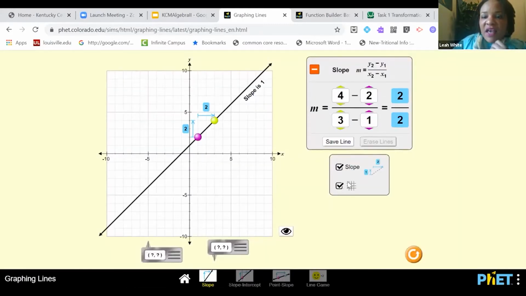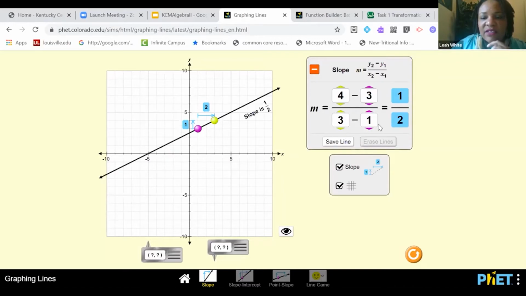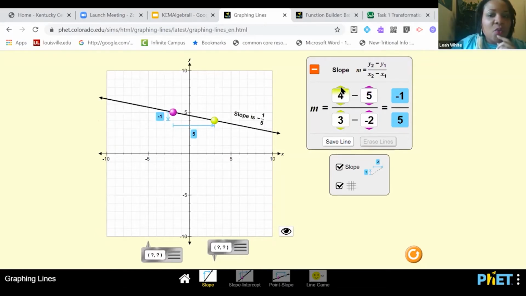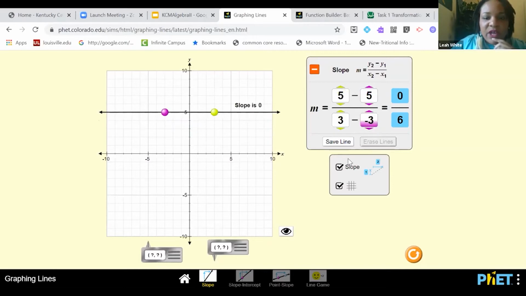So what I think is cool here is you can play with the values of slope. You can put it on there so kids can actually see how the slope affects the line and develop some conceptual understanding of slope. So although they should already have this at this point, like I said, this is just a way to scaffold and play around with that parameter.